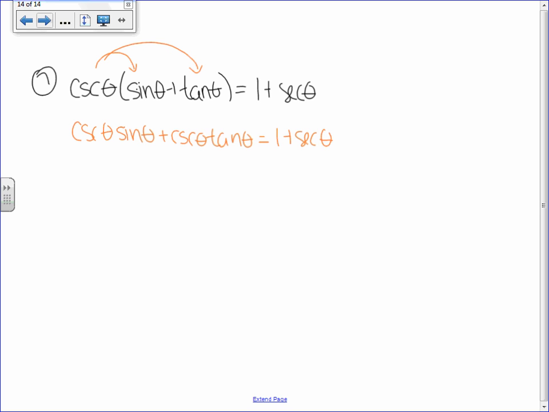And let's try and write everything in terms of sine and cosine. So cosecant we can change to 1 over sine, and this is still times sine theta. 1 over sine theta, and then tangent is sine over cosine.